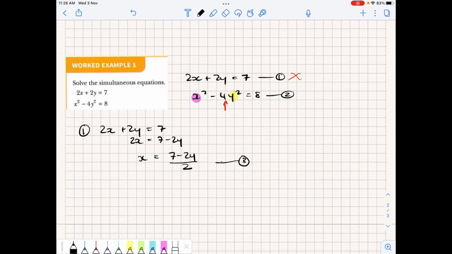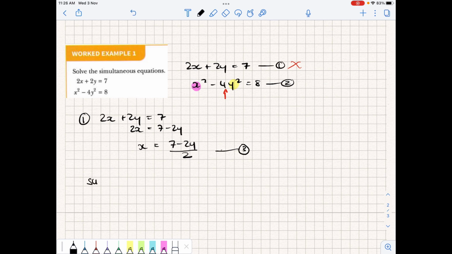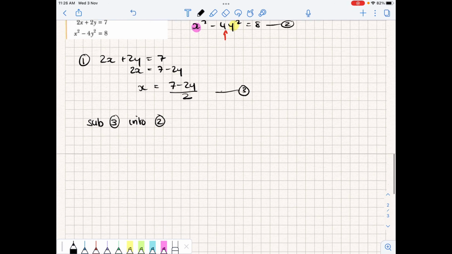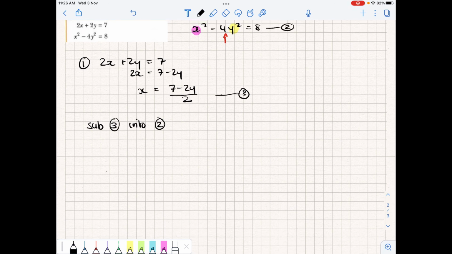Right, what I'm going to do here is I'm going to substitute equation number 3 into equation number 2. So in place of x in equation number 2, I'm going to substitute my 7 minus 2y over 2. So here we have x squared. Well, let me write the equation first.